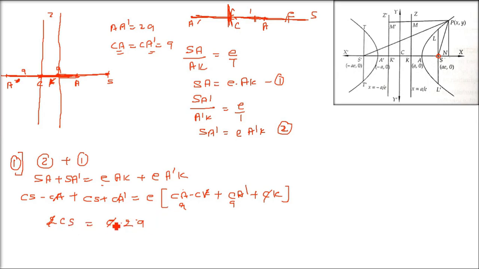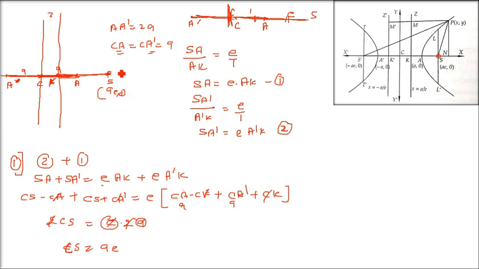I'm cancelling 2, so CS will be equal to ae. If you take C as 0, 0, the point S, that is the focus, is at distance ae. So the coordinate of S, if you take C as origin, will be ae comma 0.